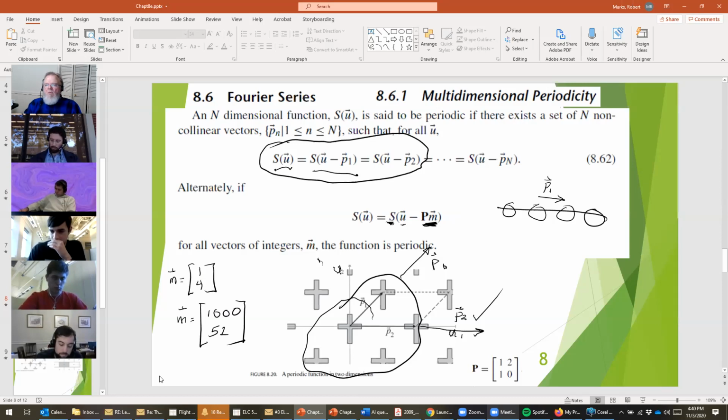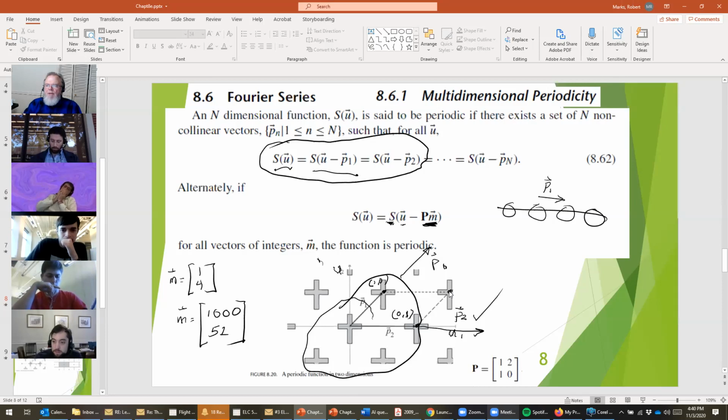If you remember, we were able to label all of these points in accordance to integers. Like this point would be 1, 0, right? And this point down here would be 0, 1. Do you remember we could label all of the points in the periodic replication? What would this point be?